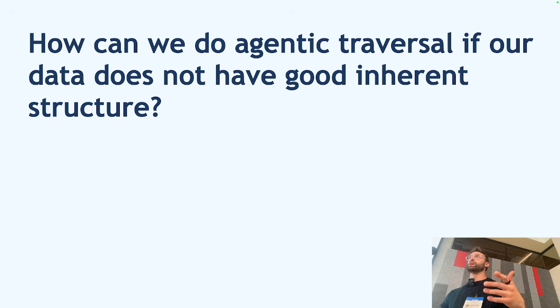At Knowledge Work, my startup, our problem resembles that. We have a lot of data, a lot of recordings of work sessions and meetings, and we need to answer questions. The structure that we have is basically the time at which a meeting happened. So if you ask, what was the decision from the meeting last Tuesday at 1 p.m., then we're good.